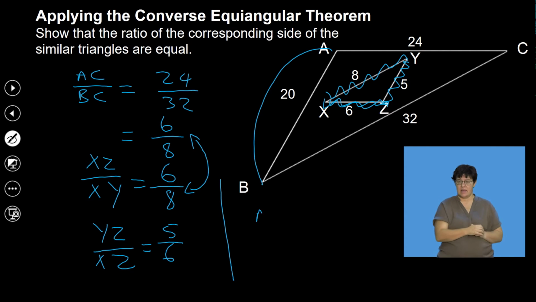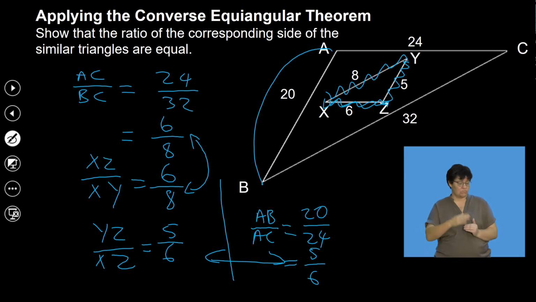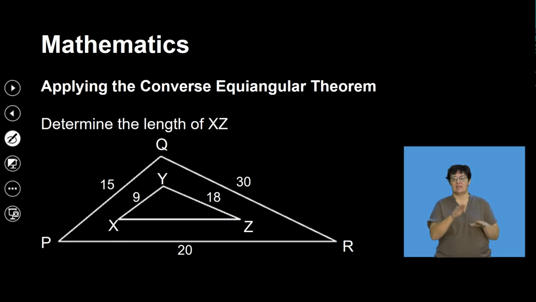So that must be the same as AB over the following one, which is AC. So the AB side there is 20 over, my CA is 24. And if you find the highest common factor between the two, it will be 4, which will end up being 5 over 6. Then you can see that it is also the same as that. So you can see that the ratios throughout are giving us the very same value as you are comparing them across the board. And that will make them similar to each other.